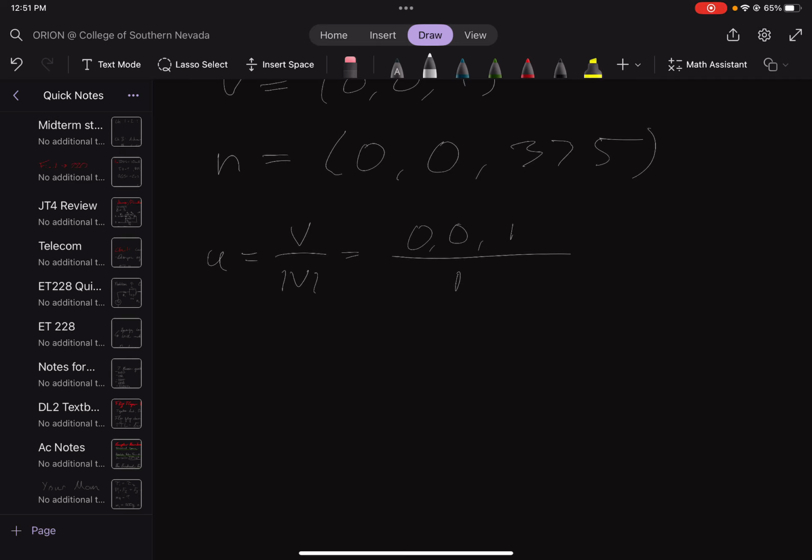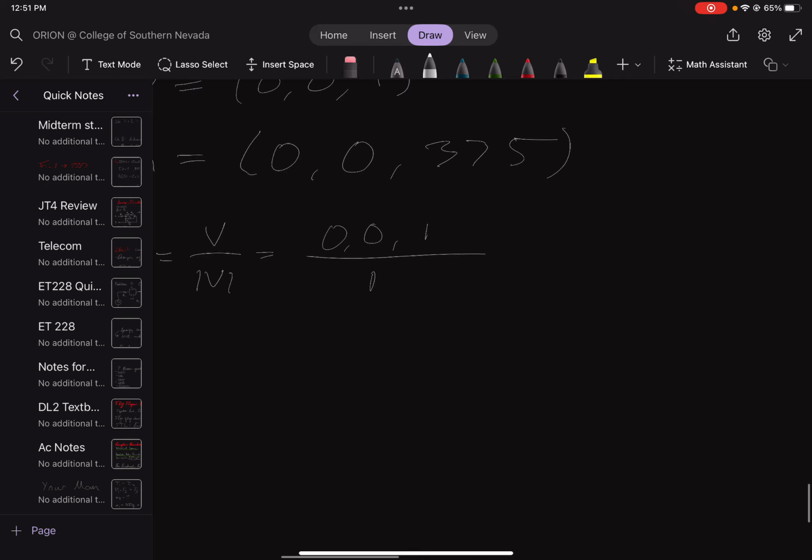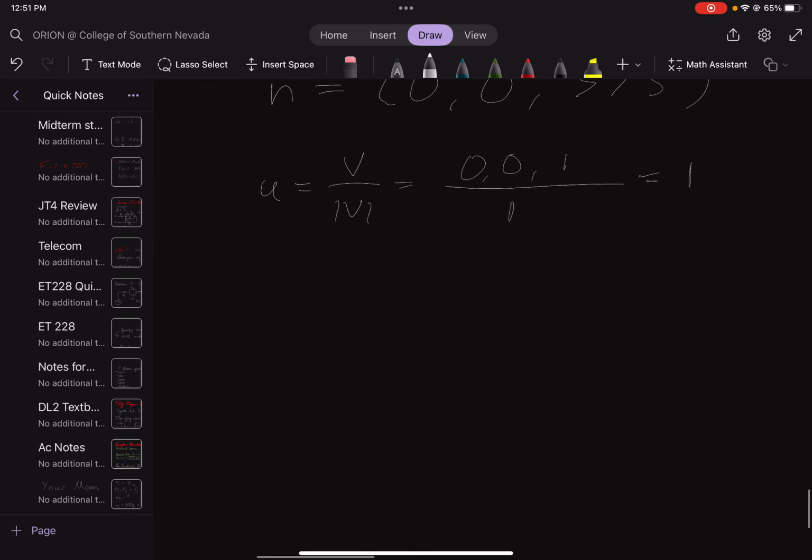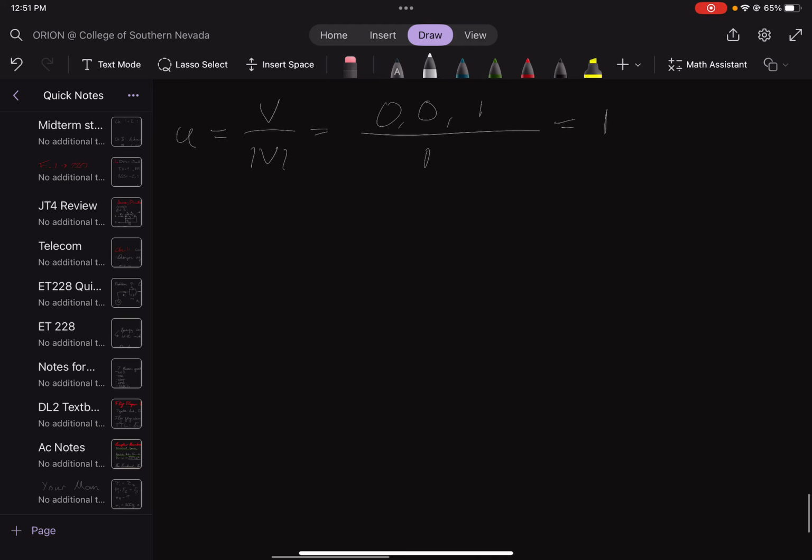Over 1. So that's just going to basically make it all become 1. So now we already know that our magnitude or unit vector is just going to be equal to 1. Sorry, I forgot to do this, but you just add all these together, and then you do over 1, and that's just going to be 1.